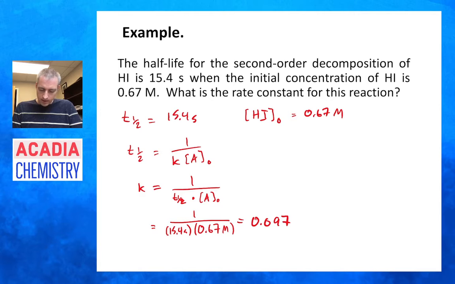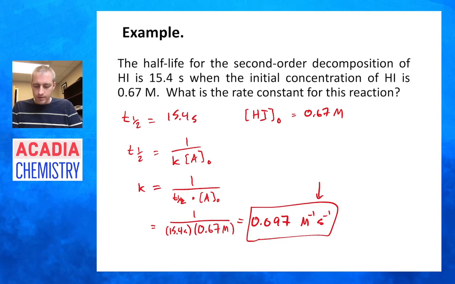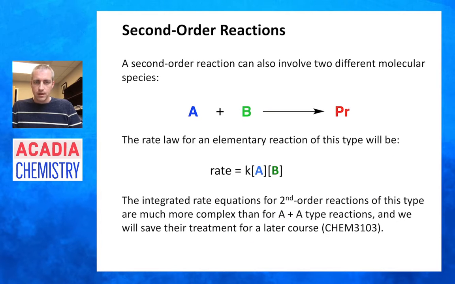And you can see that the units there are molarity to the -1, seconds to the -1, which right out of the gate, if you look at those units, tells you this is a second order rate constant. First order rate constants are always in units of time to the -1, and second order is always molarity to the -1, time to the -1, just for future reference.